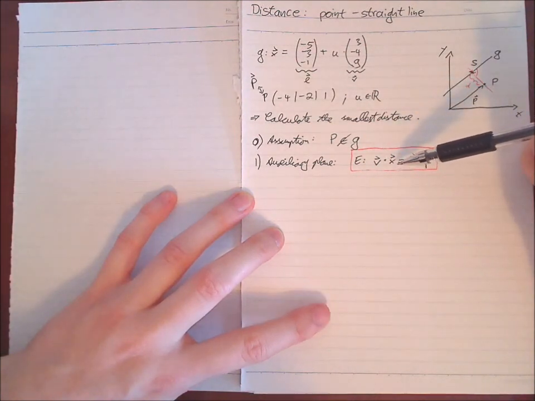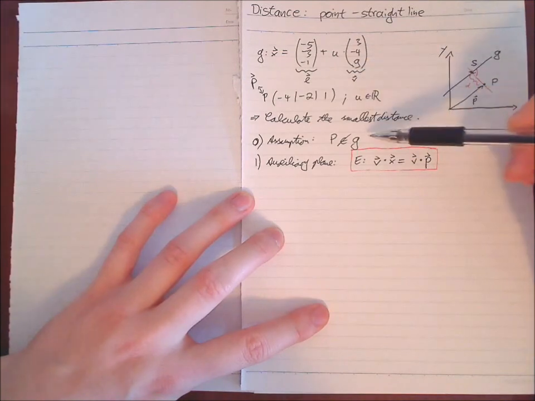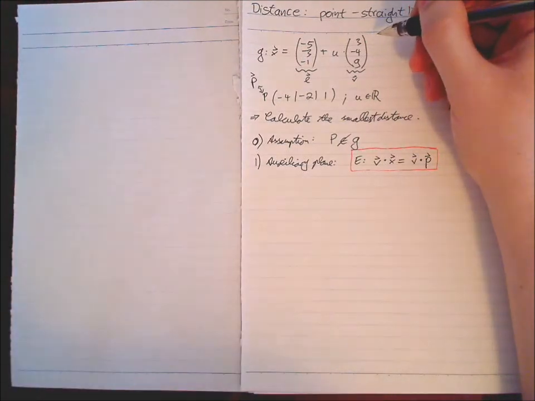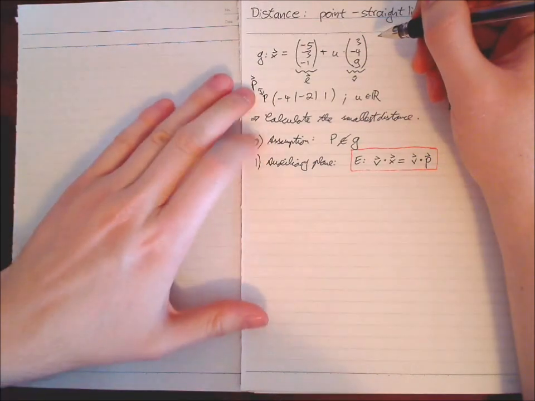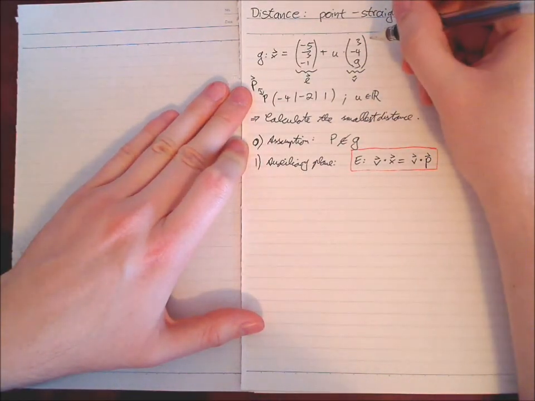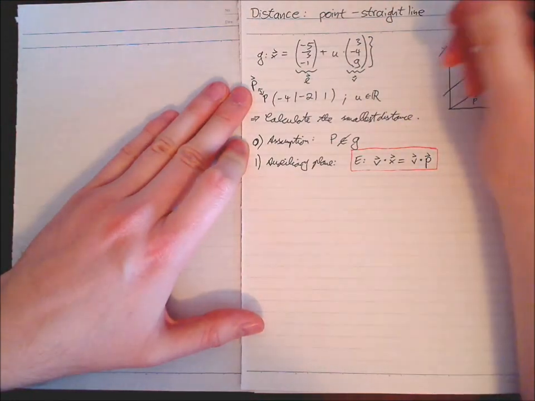V, we know. I already told you that's the directional vector of the straight line, but what is X? We directly insert the straight line. That's why we can already calculate several steps with the auxiliary plane. So we directly insert our straight line and calculate the intersecting point, which is S.